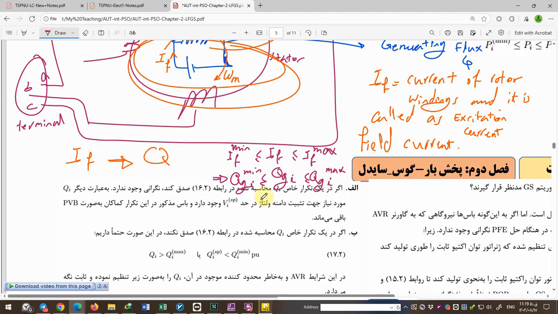So in a synchronous generator or power plant, we have two main limitations about active power and reactive power.